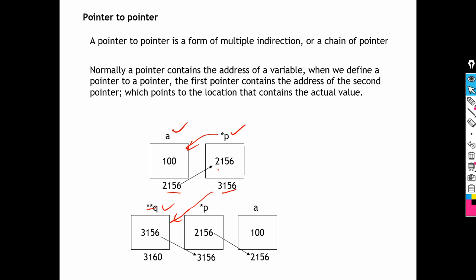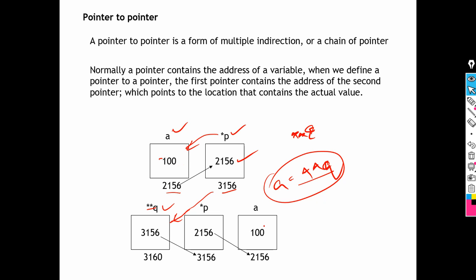The condition is that all must be of the same kind. With the help of q, when I say single asterisk q, it points to the value of p, which is nothing but the address of a. When I say double asterisk q, it is equivalent to a, because the first asterisk takes you to p, and the second asterisk takes you to a.